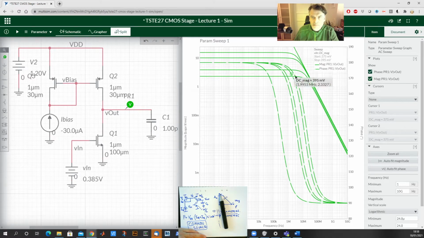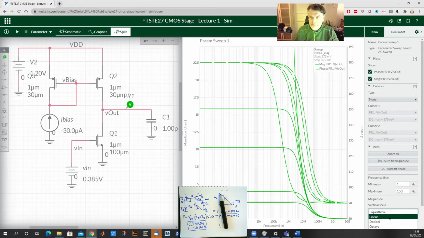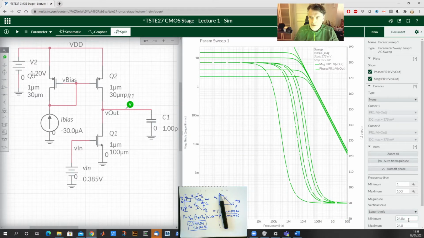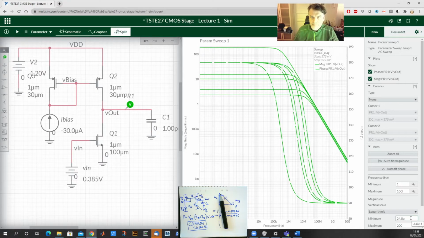And let's zoom out a bit. Let's set the axis to logarithmic, and maximum being 200 perhaps. Then we fit all of them. So 385 gives us a high gain, 380 less and less, etc. Poor gain.